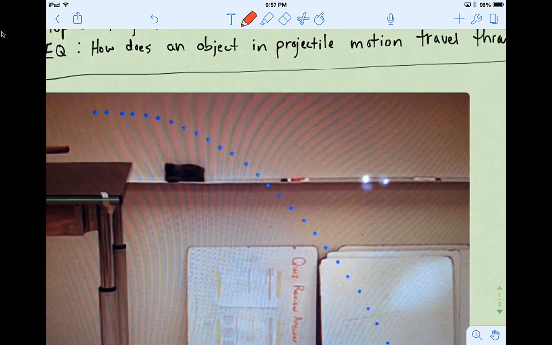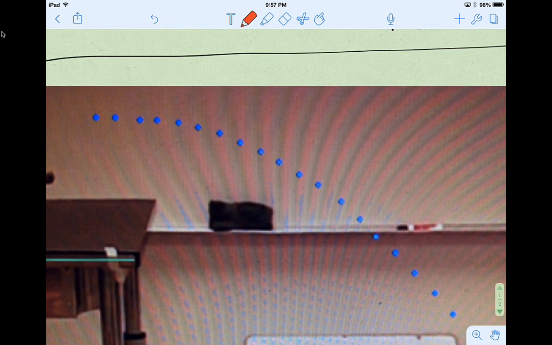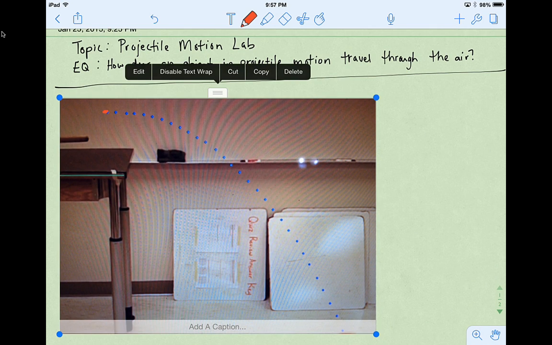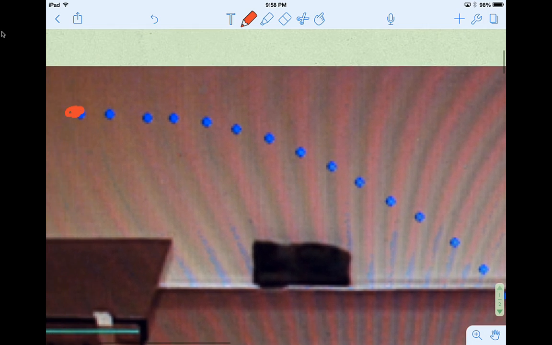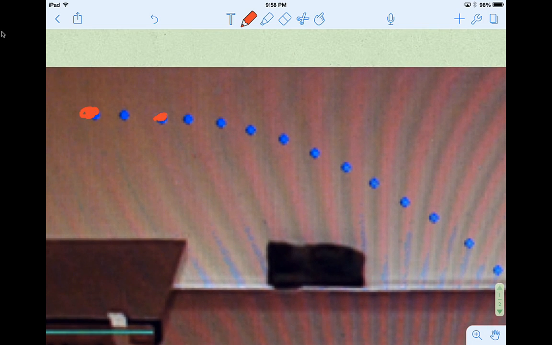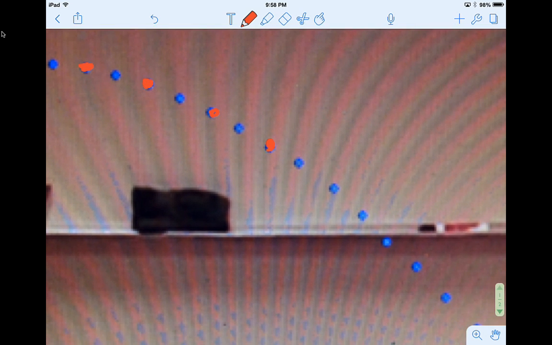But what I'm going to do is I'm going to mark every 2 dots on the picture, and we're going to use this every other dot method. Maybe every 3 would have worked better. I don't know. We'll see.